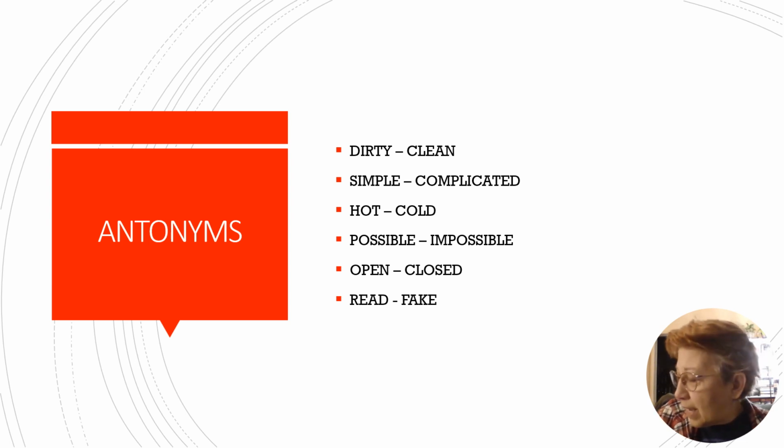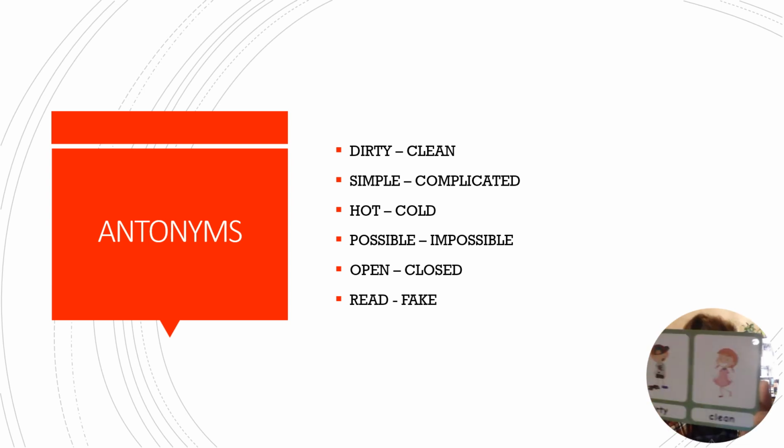Okay, so now we have dirty and clean. Dirty, clean. Okay, let's see the pictures. So now we have a child with dirt all over his clothes, and then we have the girl with a nice clean dress to show you what they mean by dirty and clean, right?